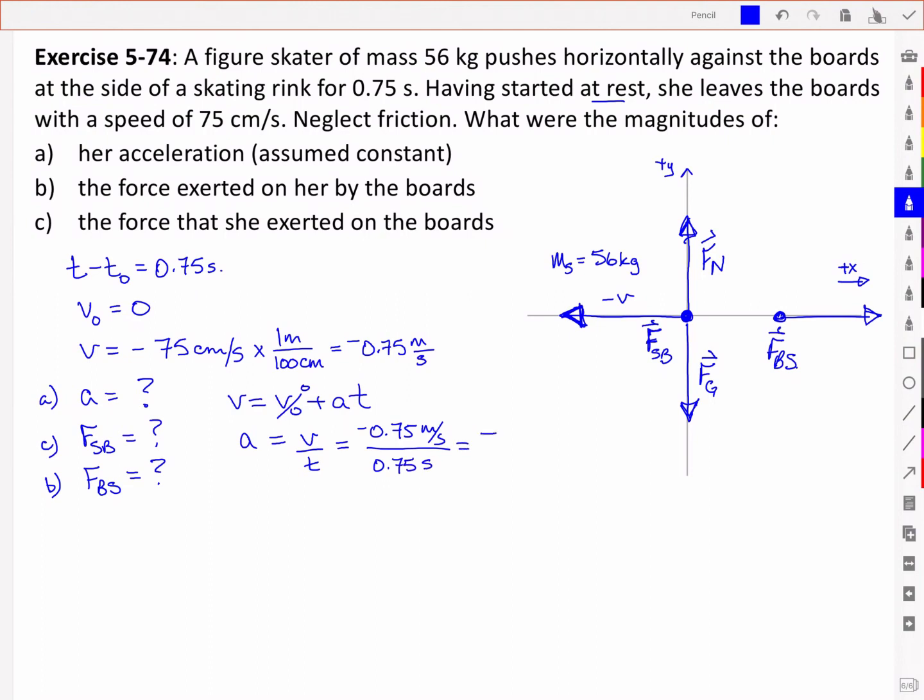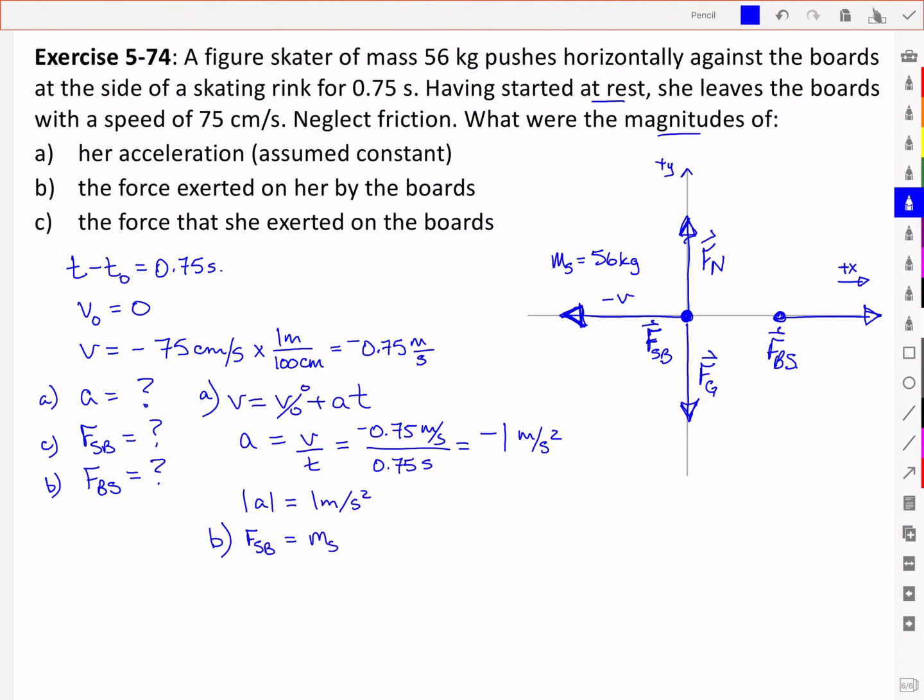And so we learn that we've got a negative 1 meter per second squared acceleration. And so the magnitude of that is 1 meter per second squared. The negative tells us the direction. And we're asked here for the magnitudes. So that was A.